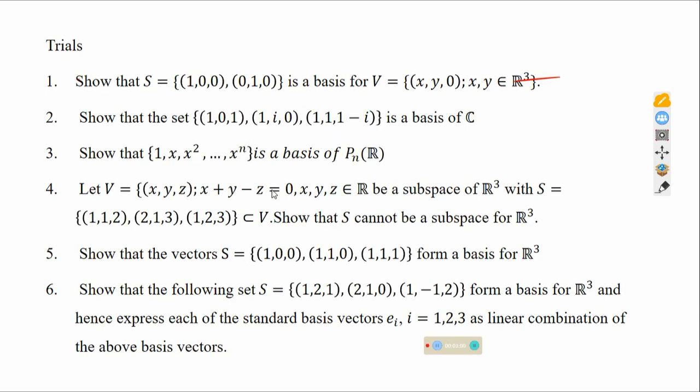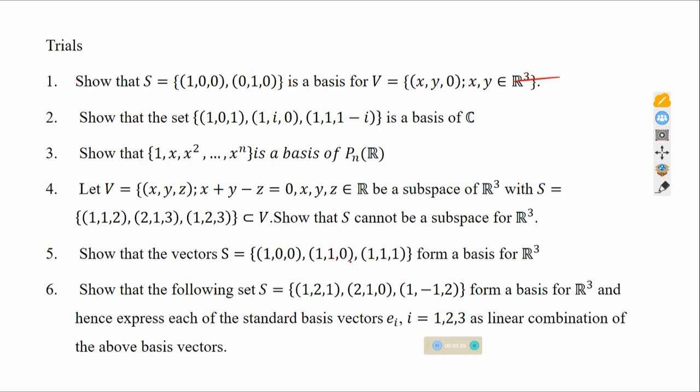For example, when you look at this number 5, we are saying show that the vectors in S, which S is given by this, form a basis for R3. So if we want to know the dimension of R3, basing on this basis here, you must first of all confirm whether this set here is actually forming a basis.